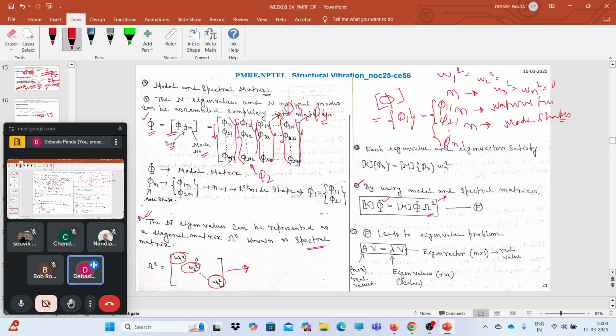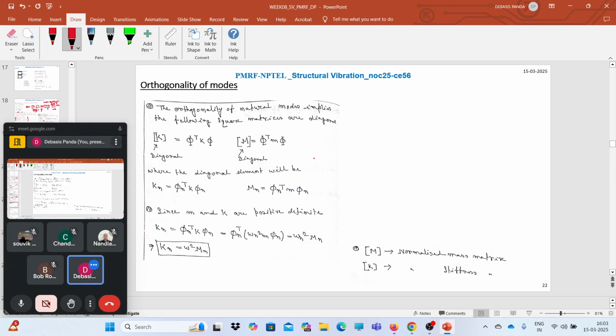That means the first column will give us the first mode, the second column will give us the second mode, the third column, and likewise the nth column will give us the nth mode shape of the multi degree of freedom system. Now, till now, do you have any questions?